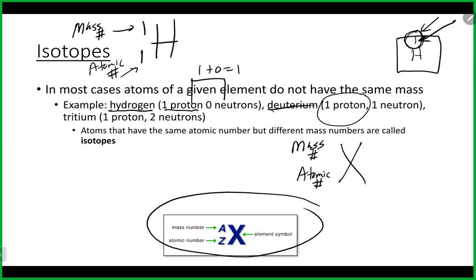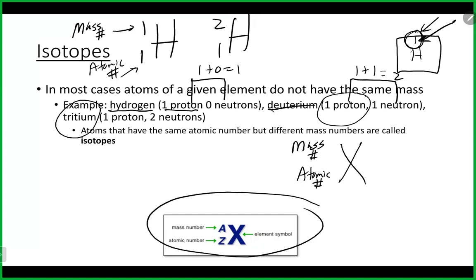So even though it's called deuterium, it really is still hydrogen, right? Because it has 1 proton. Still has 1 proton, 1 atomic number there on the bottom left. In this case, though, mass number, protons plus neutrons, 1 plus 1 is 2. Up on top would be our symbol for deuterium. Take the top number there, 2 minus 1, gives us our 1 neutron that we find in there.